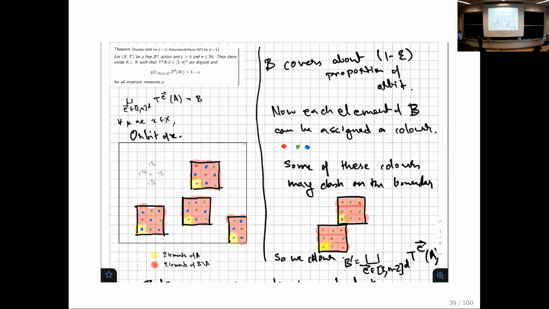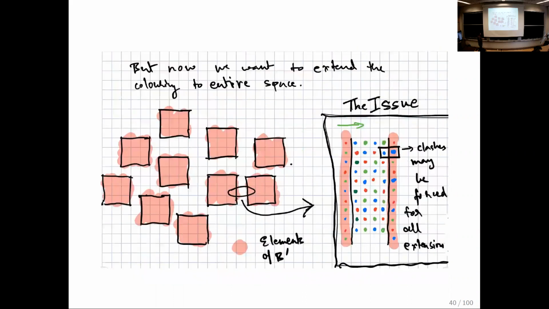Now, the problem is that some of these colors might clash on the boundary. So I would probably take slightly smaller boxes and color those, because I don't want clashing. But there's a bigger problem. Even though I color these boxes, suppose I pick the coloring on the left box, which is now using all three colors: red, green, blue, red, green, blue. And I take a similar coloring on the right-hand box, which is red, blue, green, red, blue, green.